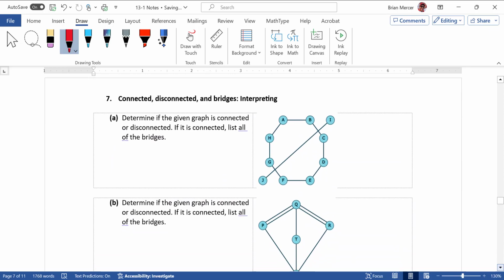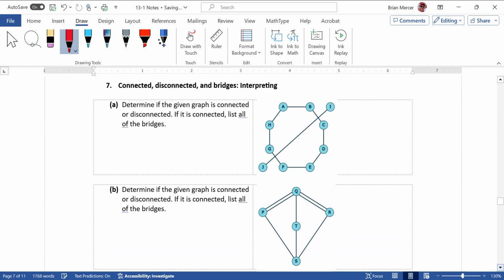So here's just one on connected, disconnected, and bridges. So we want to be able to interpret those. So look at this one. Is this one connected or disconnected? If it's connected, then we want to list all the bridges.